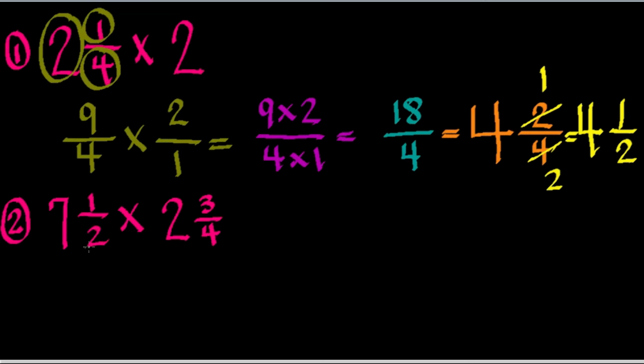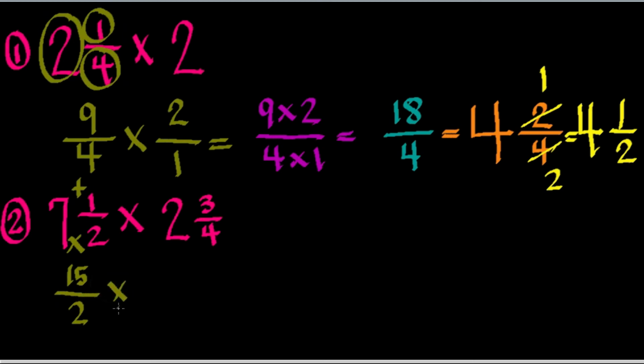Same way, we take the denominator and we multiply it by the whole number. 2 times 7 equals 14. And we are going to add the numerator 1. So we will have 15 over 2 because we only copy the denominator.